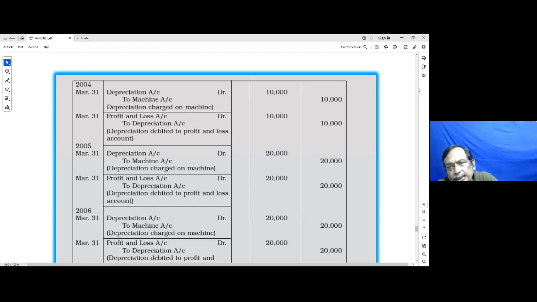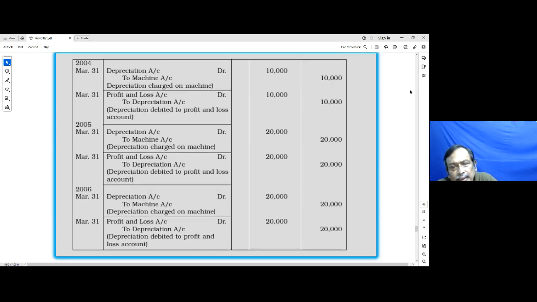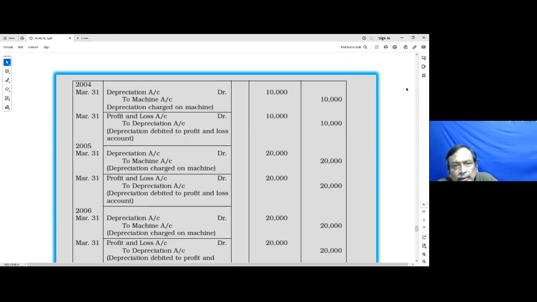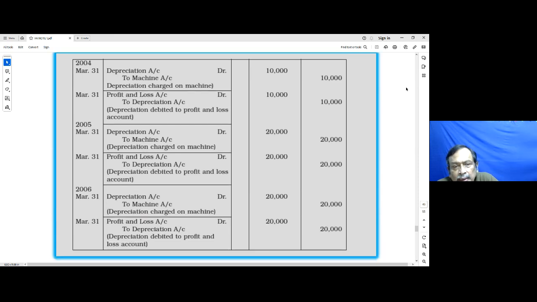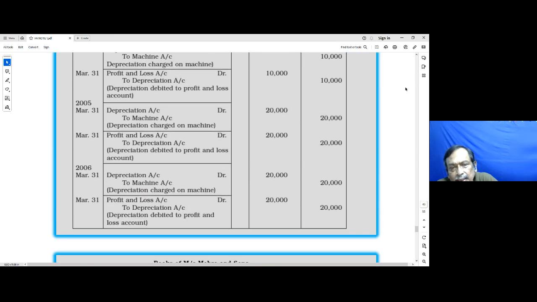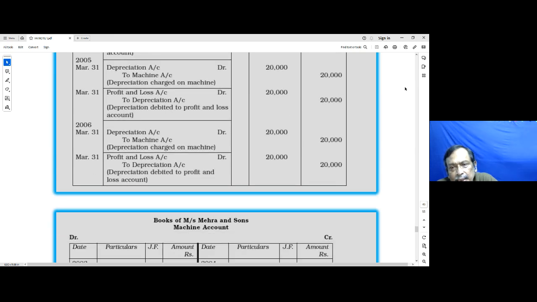Depreciation account debit to machine 10,000. Then profit and loss account debit to depreciation. Next year, depreciation account debit to machine 20,000, and profit and loss account debit to depreciation 20,000. Next year, again depreciation account debit to machine 20,000 and P&L account debit to depreciation 20,000.